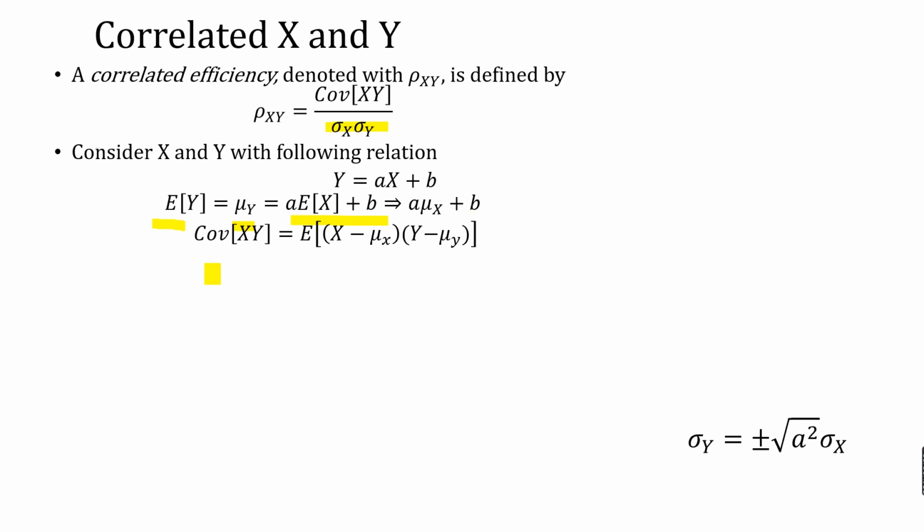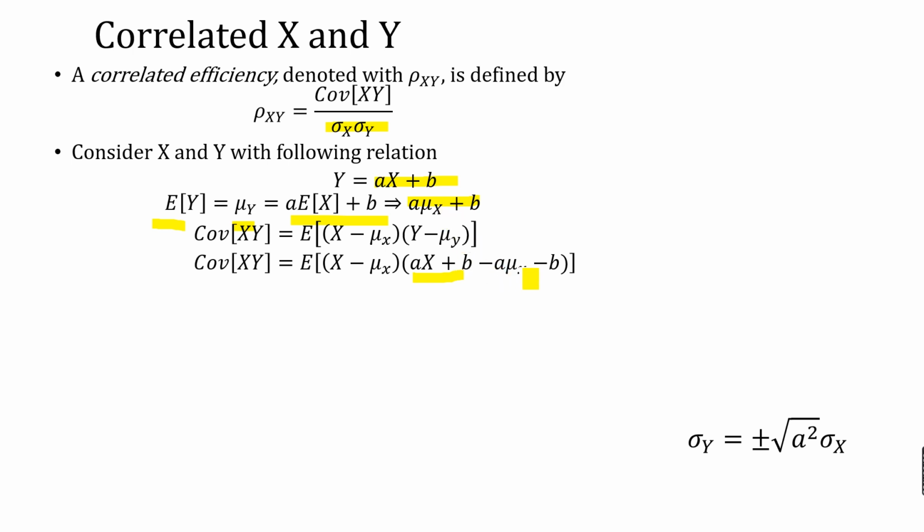And we know the definition of covariance, that is already discussed. In the place of y, let us replace a x plus b, that is written here, minus, in the place of the mean of y, let us replace this equation.